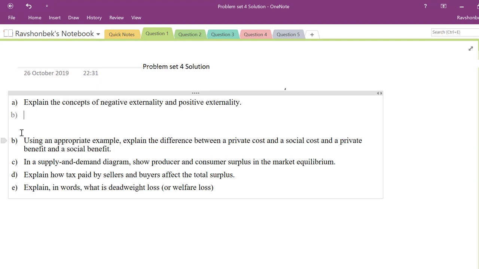Now, a positive externality could be a benefit to the bystanders of, let's say, production or consumption of something. For example, the positive externality of vaccination is a well-known example. If a friend of yours is vaccinated, basically they are healthy.